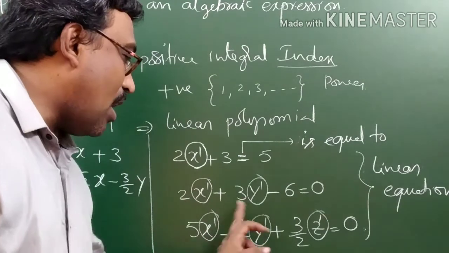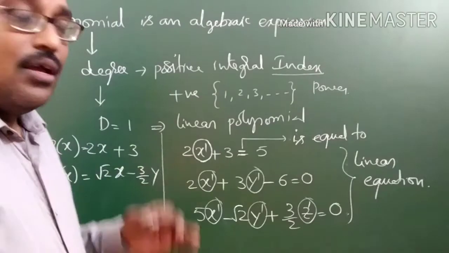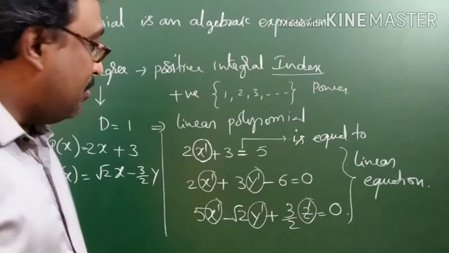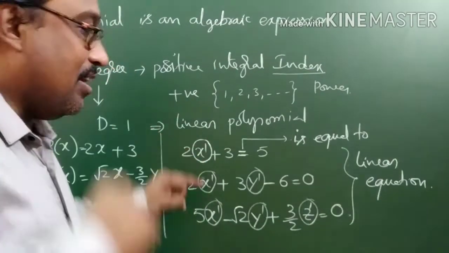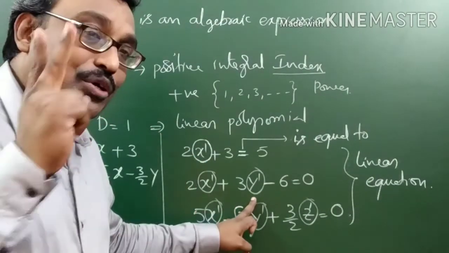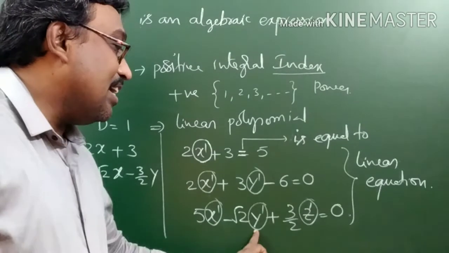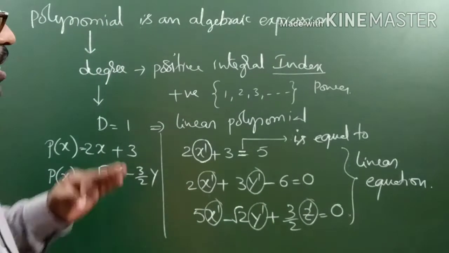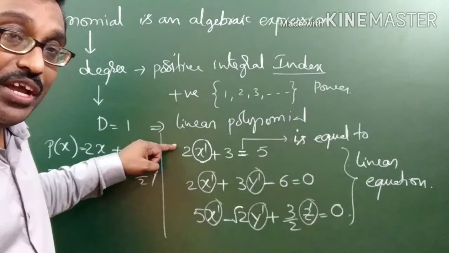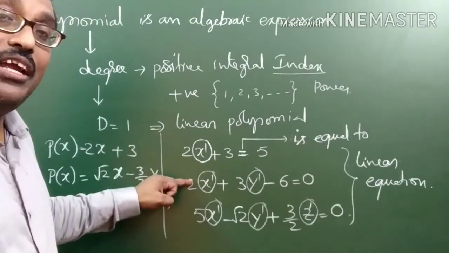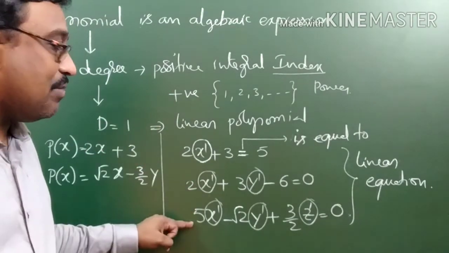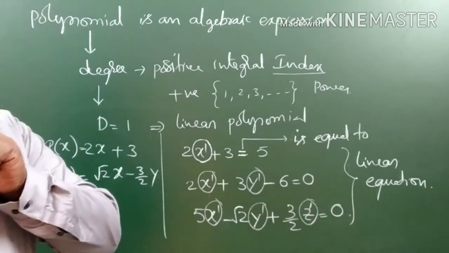So here it is one variable, here two variables, here three variables. So linear equation in one variable, linear equation in two variables, linear equation in three variables.